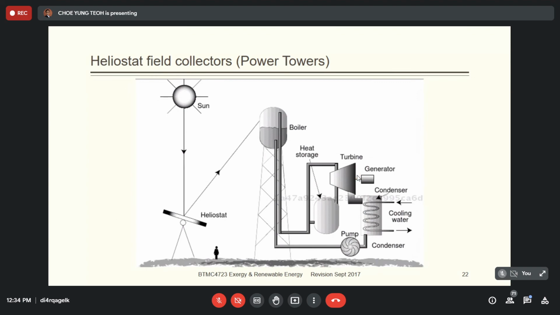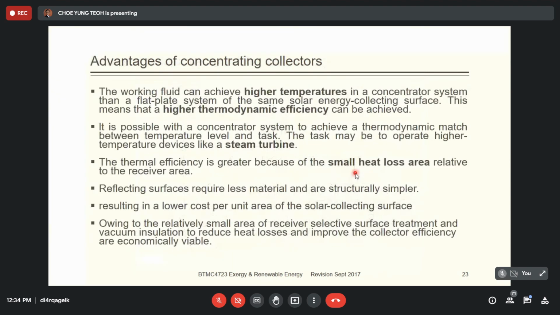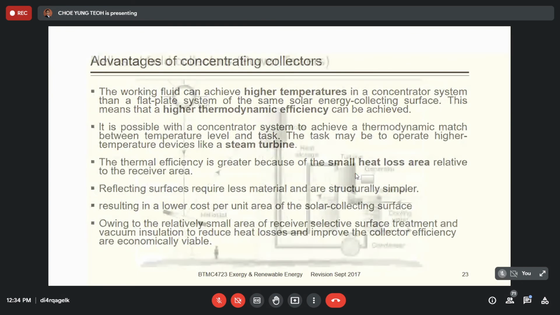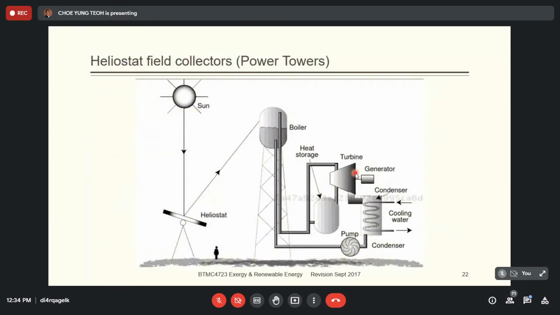Okay, this, we call it a power tower. So you can see that we have a few types of solar thermal collector. It's very big scale, much bigger than the photovoltaic system, but ends up not doing well now. Most of them are going near to bankruptcy because the operating cost is too huge.